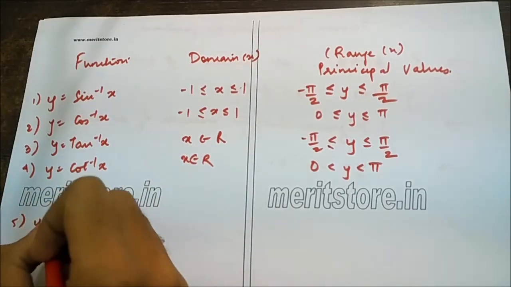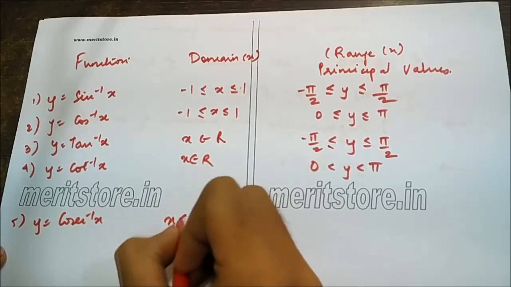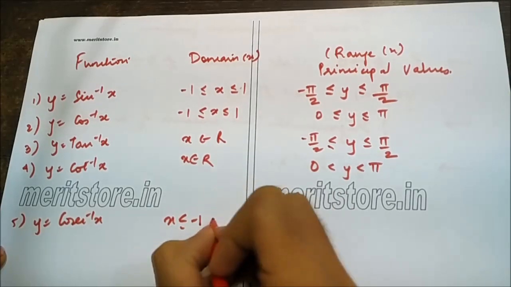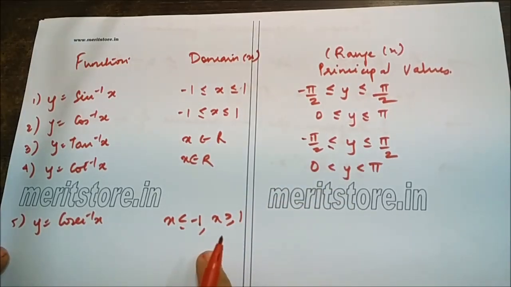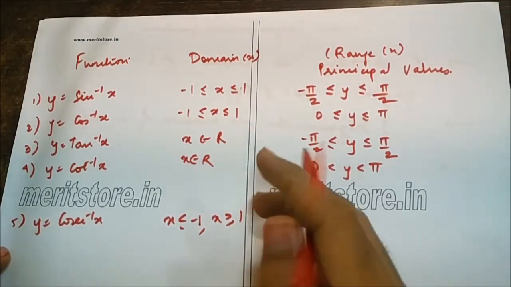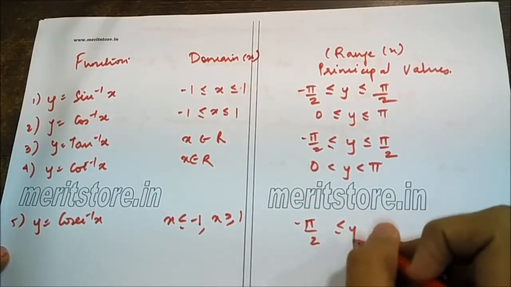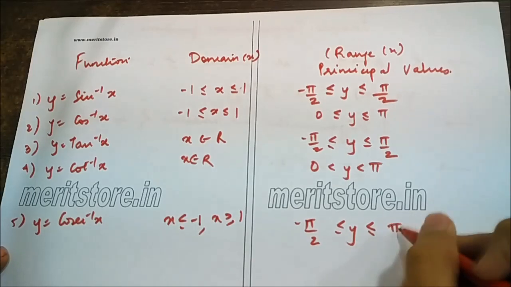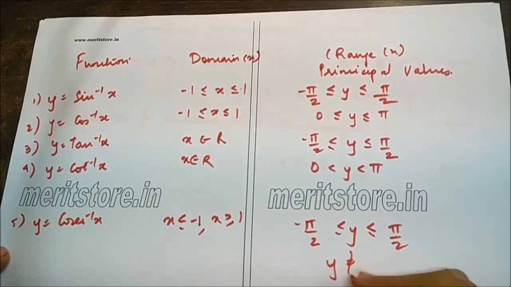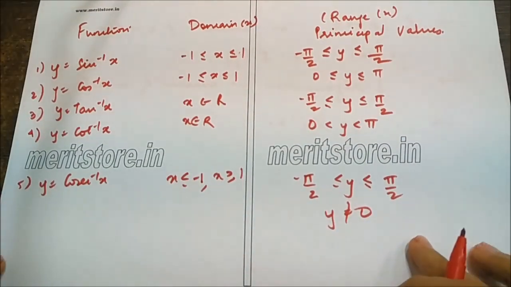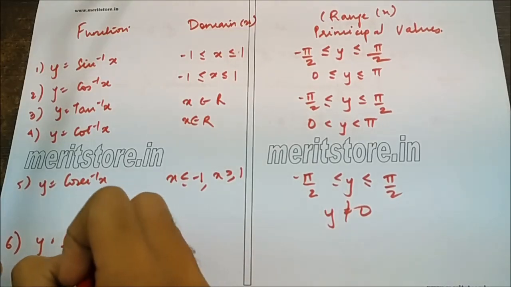Now cosec inverse x, x can be less than or equal to -1 and x can be greater than or equal to 1. So this is basically the domain of cosec inverse x, and its range is minus pi by 2 less than or equal to y less than or equal to pi by 2, where y is not equal to 0. The last is sec inverse x.